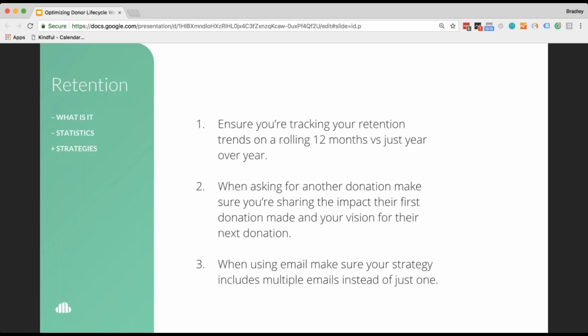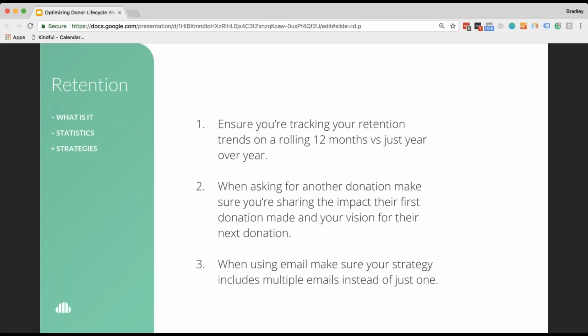And so what that allows you to do is send a very targeted message to someone saying, hey, you gave around this time last year and haven't given again this year. We'd love to continue to have you support us. And obviously that's the gist of the message. I'm sure that most of you would send a much more compelling message about helping them understand the impact their donation made and your vision for their next donation.